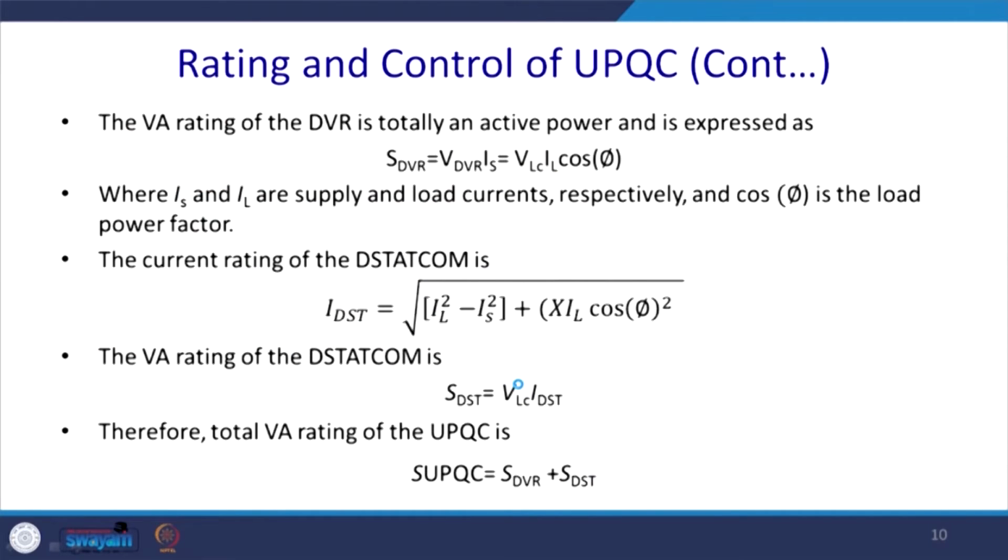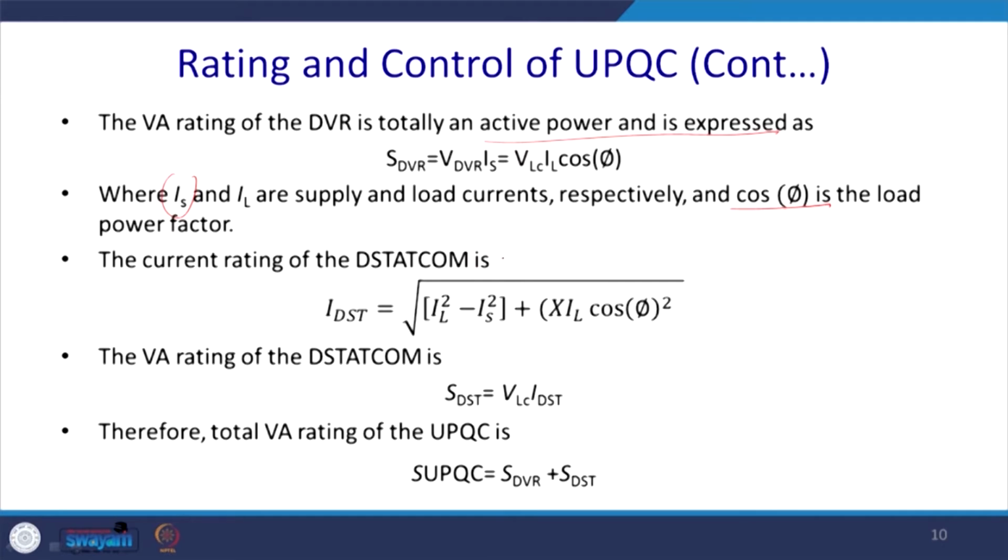Similarly, the rating of the DVR can be expressed as V_DVR into Is equal to X VLC into IL cos phi, where Is is the source current and IL is the load current respectively, and cos phi is the power factor of the load current.